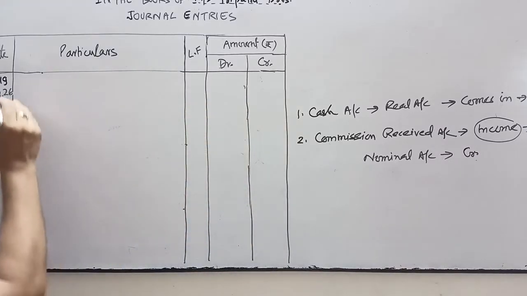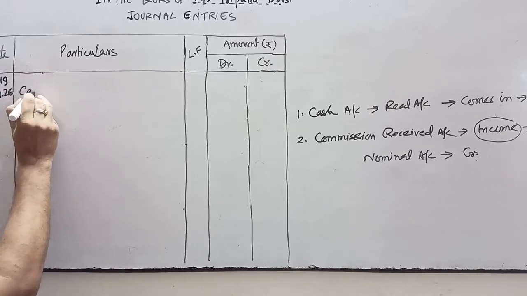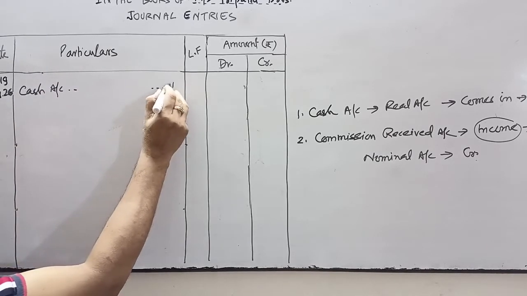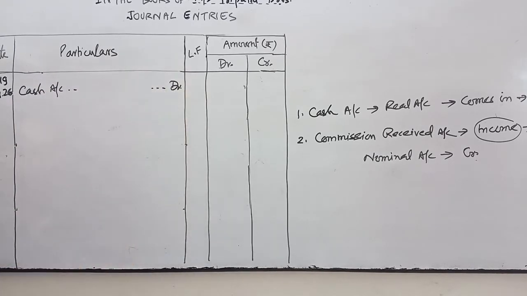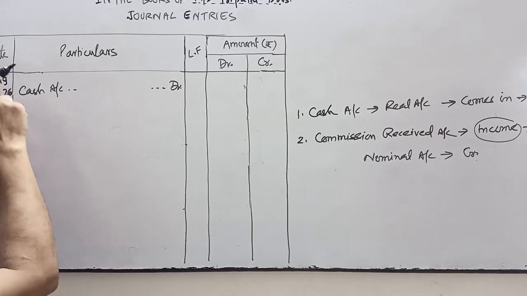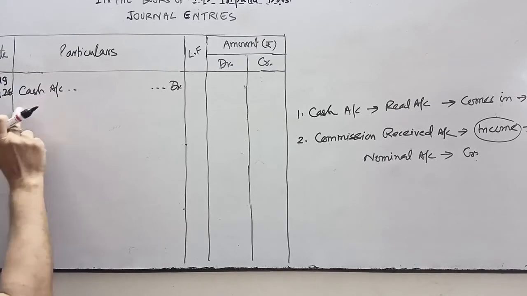So on January 26, our entry will be cash account debit. You know the way we write the cash account debit: from this corner we utilize the corner of this line, not taking any margin.